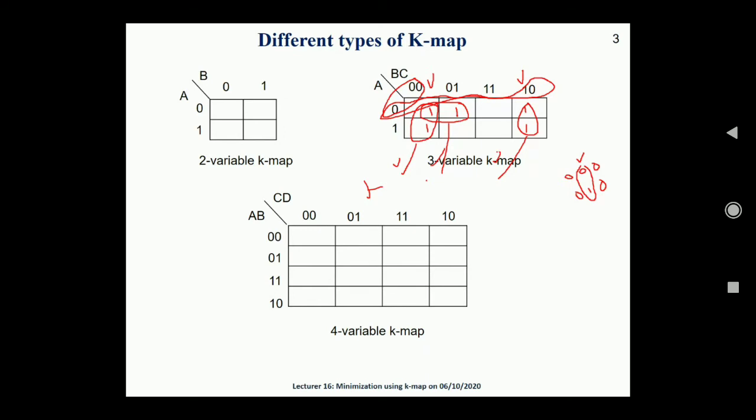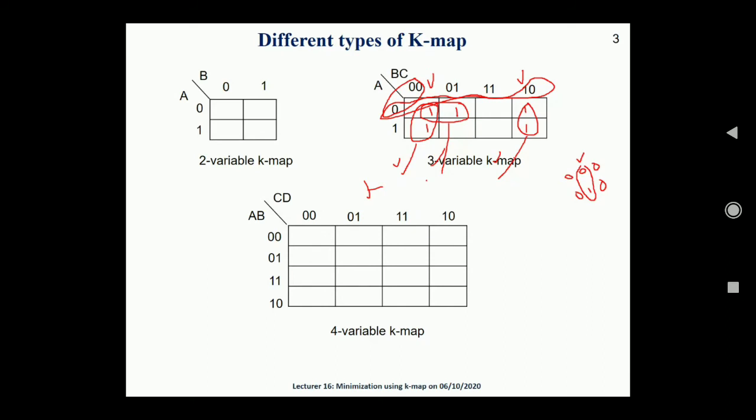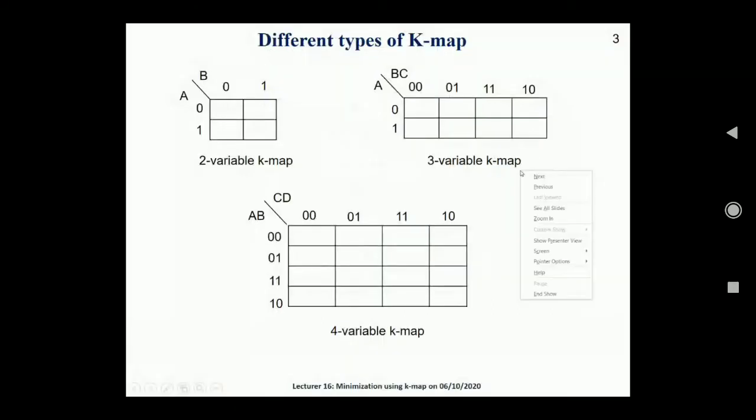If instead of this one, suppose this one is 1, this one is 1, okay, suppose this one is 1, this one is 1.